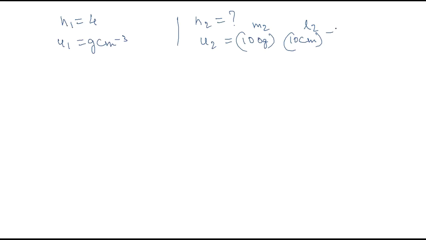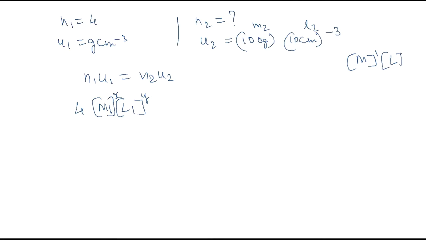Here the centimeter will be power minus 3. Okay, then N1 U1 equal to N2 U2. N1 is 4, U1 is M1 power X, L1 power Y, where we substitute from the dimensional formula M power 1, L power minus 3. So X equal to 1, Y equal to minus 3. This is equal to N2, which we have to find, times M2 power X, L2 power Y.